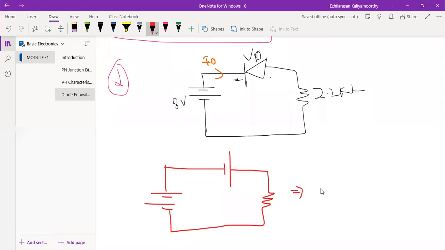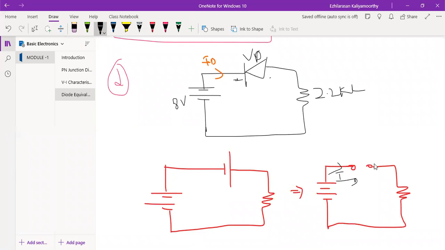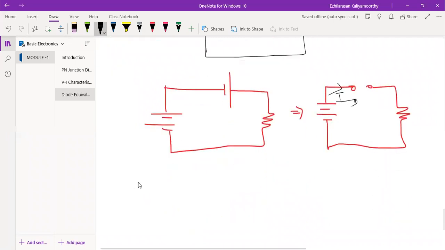Then again, this figure will become like this. Yes. So it will be like this. When it is this way, here ID. So what will happen? The current will not enter over there. So from this, what will the answer be? VR will be equal to 0.